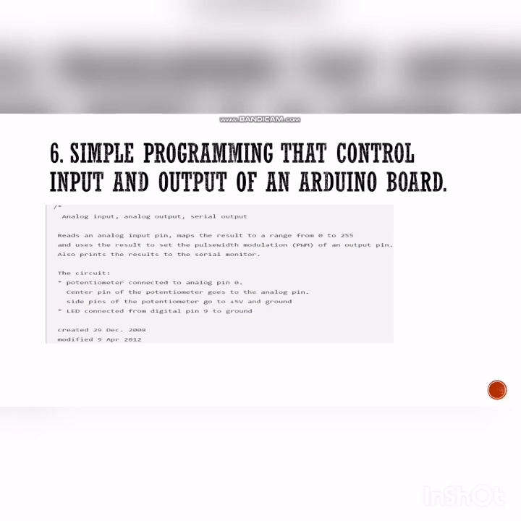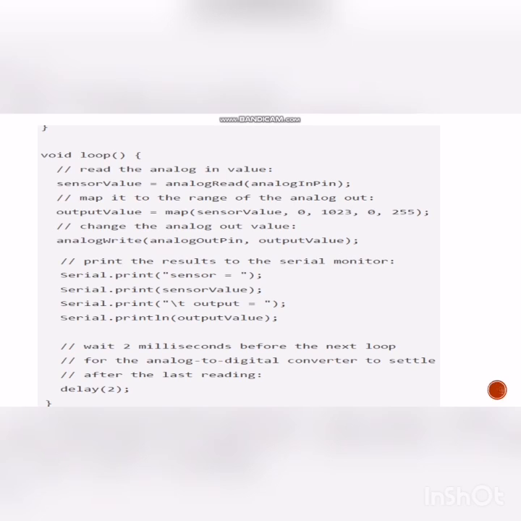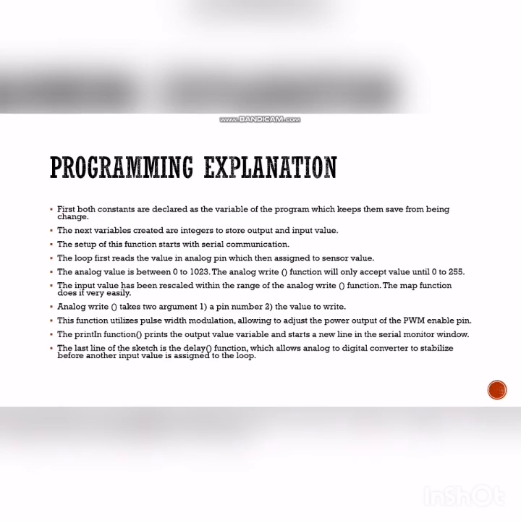Let's see a simple program that can control the input and output of an Arduino board. As you can see, this is the programming code to control the input and output of an Arduino board. So let's explain the program.